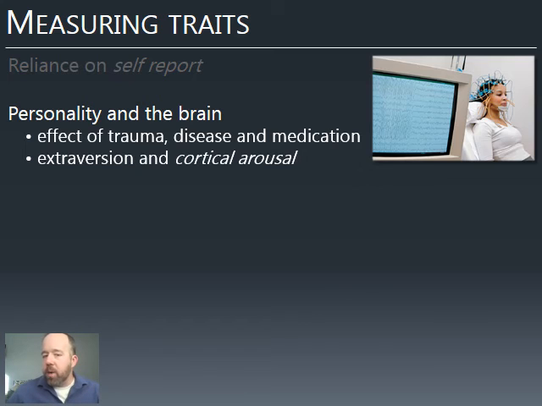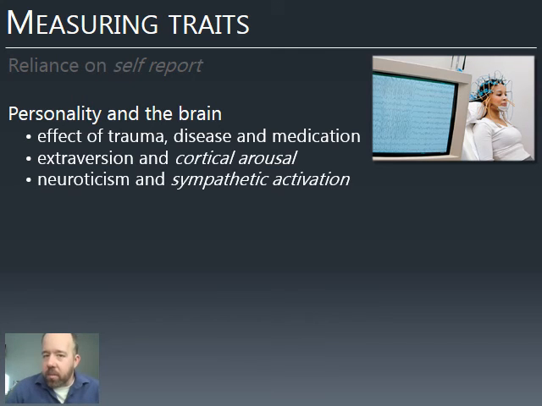And this, to a certain degree, has been borne out by studies looking at cortical arousal, so looking at activity in the brain and looking at the difference between introverts and extroverts. And it does seem to be the case that introverts have more intrinsic activity in the brain. The idea being that they therefore don't seek out as much social contact because they don't need the extra stimulation. In fact, they prefer quiet environments.